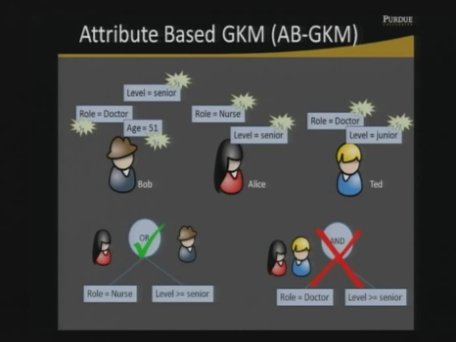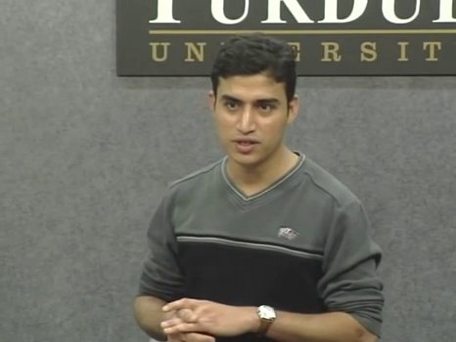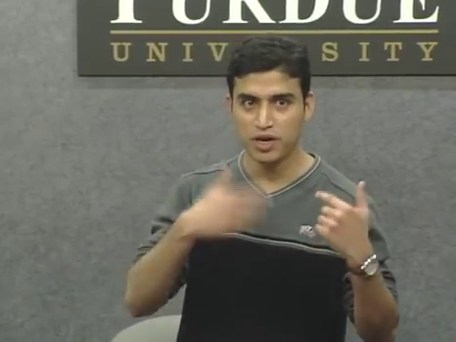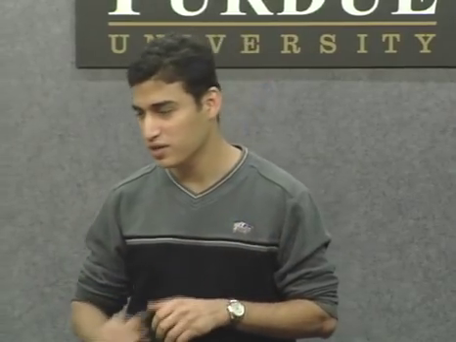Since they individually cannot satisfy this policy, they shouldn't be able to derive the key, even though they collectively satisfy the policy. That's what I meant by the collision resistance property. This is a very important property when you move into attribute-based systems. Even though different users have different attributes that collectively satisfy it, you should not allow them to access the key because they don't individually satisfy it.